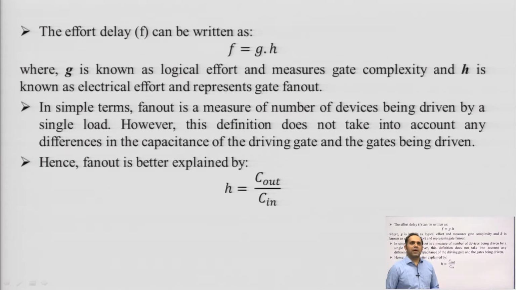And the effort delay by itself can be written as a product of 2 terms, F = G·H, where G is the logical effort and is a measure of gate complexity, and H is known as electrical effort, which represents gate fan out.